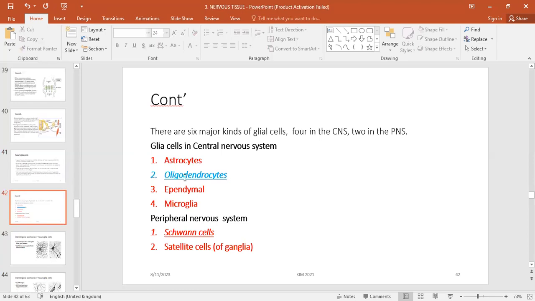What is the function of myelin sheath? It is to act as insulator. So both cells, Schwann and oligodendrocytes, store fat in their cytoplasm, which will act as insulator when they form myelin sheath. So let's begin to look at them one by one, starting with astrocyte.